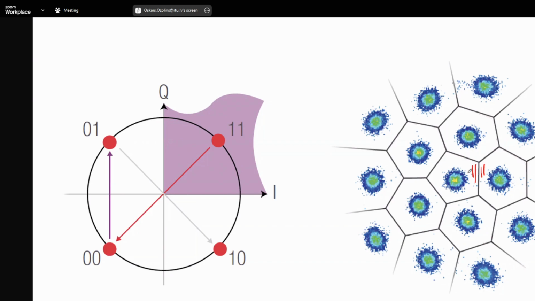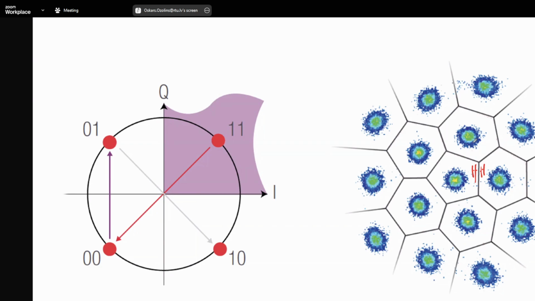Okay, this symbol belongs here because it's somewhere here or here. So there are different ways to try to identify where this one point, which is a symbol, belongs. And here we have just a visualization of maybe 1,000 symbols.